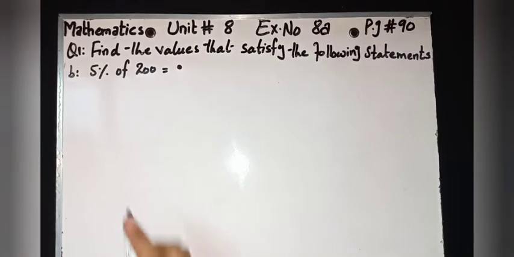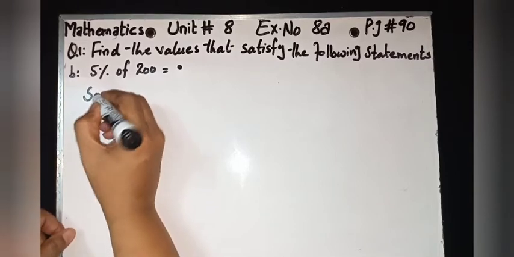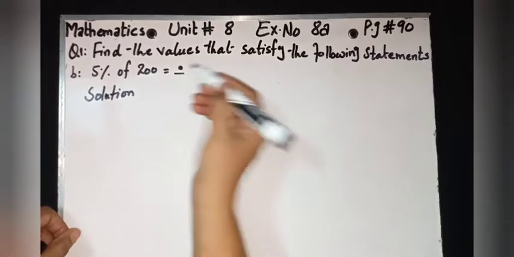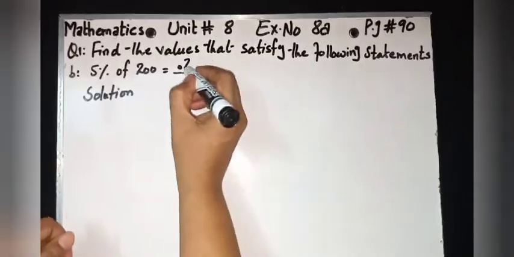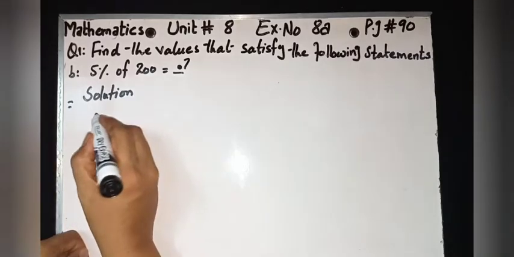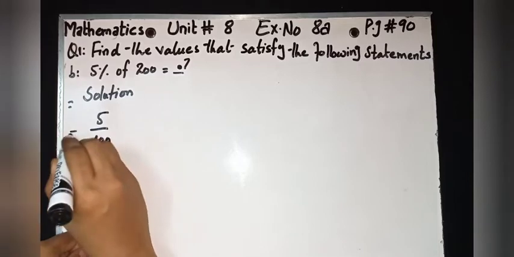Second part, 5% of 200 equal to dash. Okay, dash means find the value of this part. So 5%, first we copy. 5% means 5 upon 100, correct?